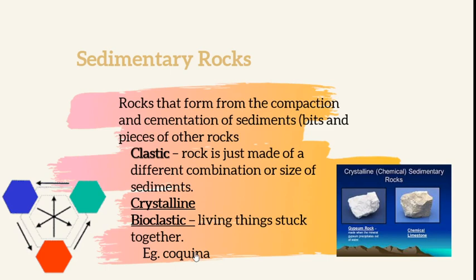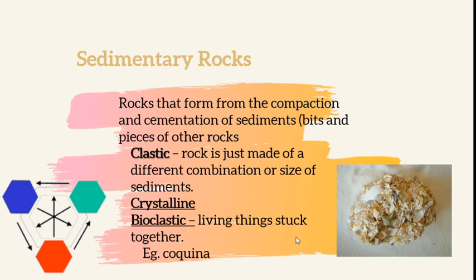Now, how does crystalline rock form? Basically, it refers to both igneous and metamorphic formations that consist of minerals that have formed by crystallization from a melt or solid state reaction at elevated pressure and temperatures. Lastly, we have the bioclastic sedimentary rocks, which is living things stuck together. Okay?